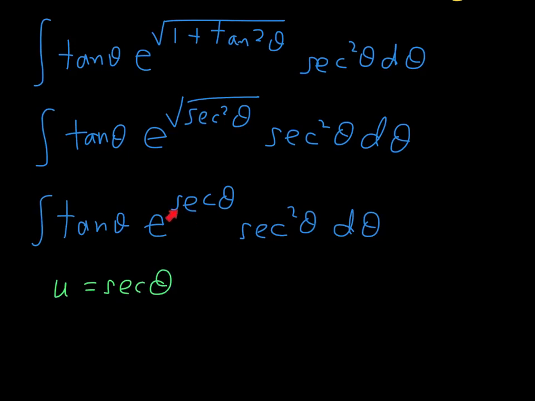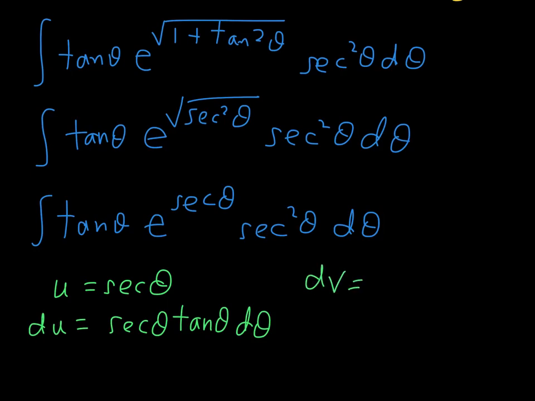So if u is equal to secant theta, keep in mind that you have a secant theta up here, so that'll be u. And one of these will be u, leaving me with another factor of secant theta, okay? So du would be equal to secant theta tan theta d theta, that's the derivative of secant theta. That would mean that dv is equal to, so I already have e to the power of u here.